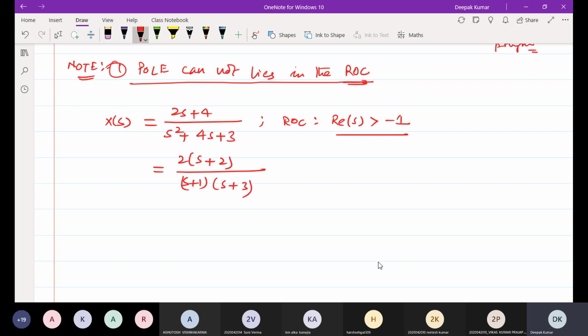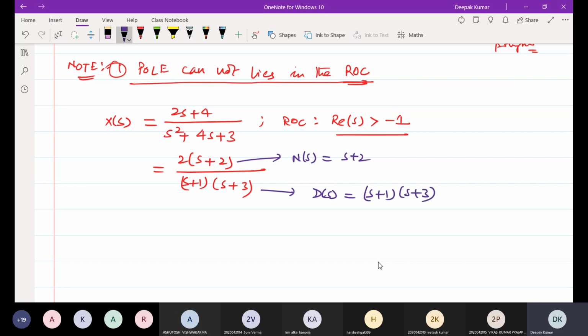Now you can plot here. This is the numerator polynomial, N of s is equal to s plus 2, and the denominator polynomial D of s is equal to (s plus 1) into (s plus 3).